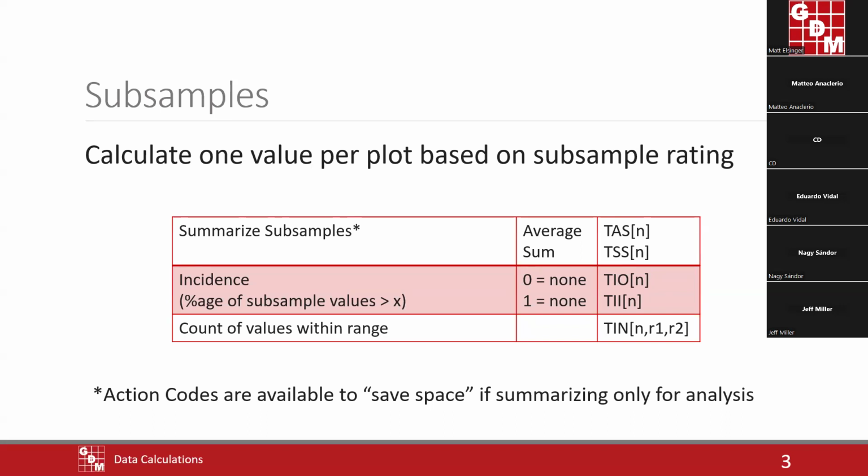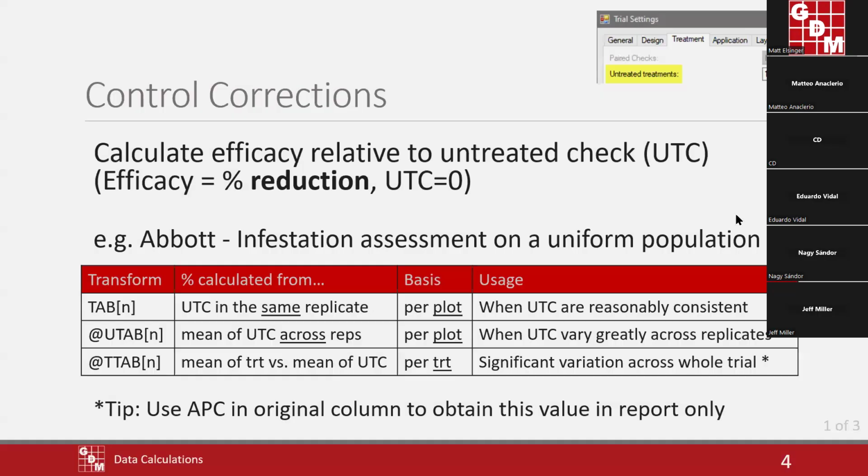So that's about it for subsamples. Our next category for common calculations that you can do in ARM is the idea of control corrections. The basic setup assumes you have a study with an untreated check, or your control treatment.